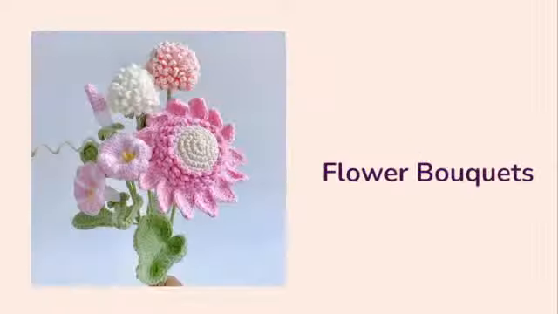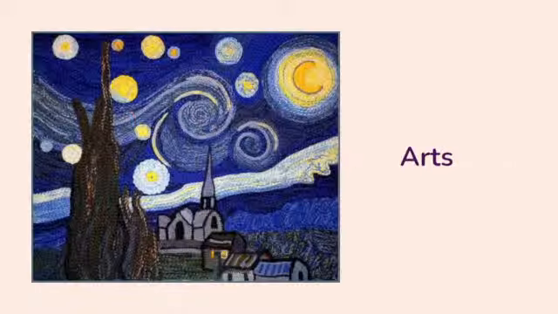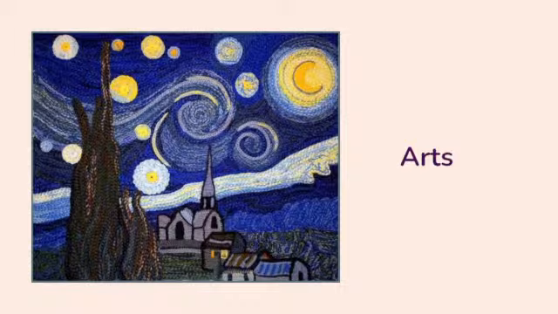And what are these? Flower bouquets we can make, and flowers and things to decorate our home. Very good. Hair bands, toys. Beautiful arts can be made with crochet. We can make many things with crochet.